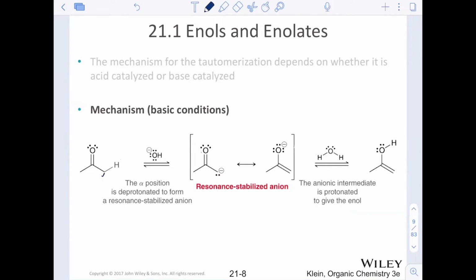Notice here, we're going to start with a deprotonation of the alpha carbon, pull off that alpha proton with our base, and pop a lone pair on the alpha carbon. I'm still going to keep trying to label alpha here just so that we start recognizing it as a form of reactivity. There's resonance to stabilize that anion.